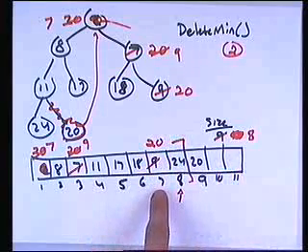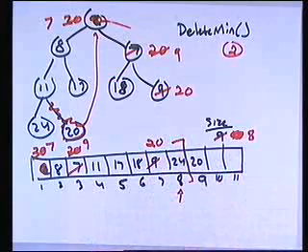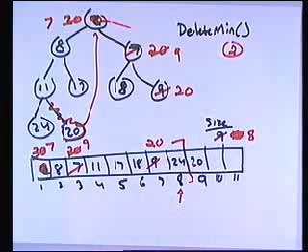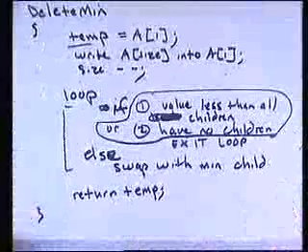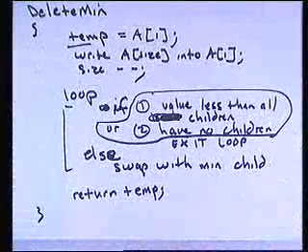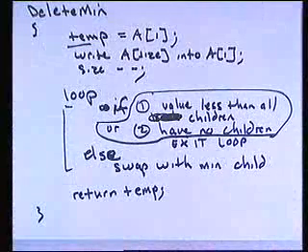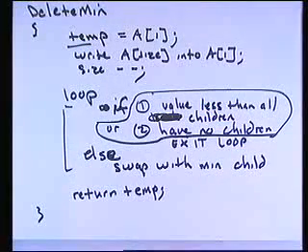The left child and right child are 14 and 15, which don't exist. And so we're fine. So we'll come back to that in a moment. But that's the idea here. So that's delete min. If you are less than all your children, or you don't have any children, you can stop. Otherwise, you swap with your minimum child and you loop again. And then when that finally ends, you return temp.